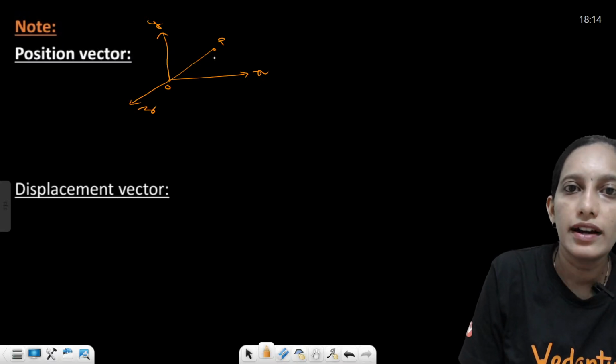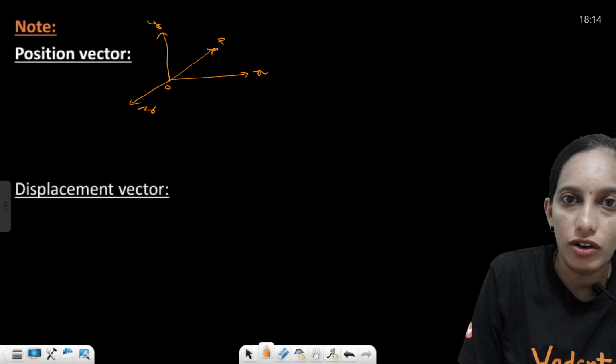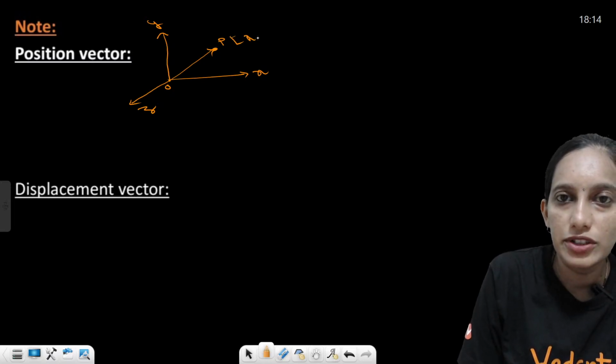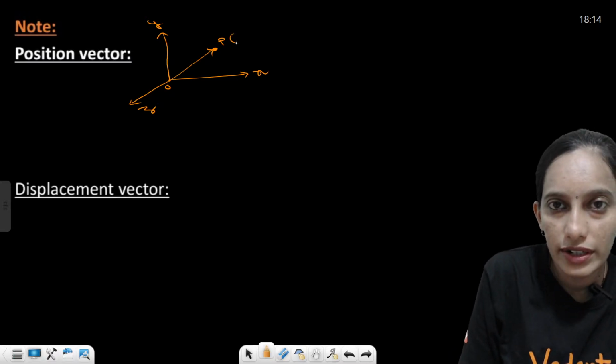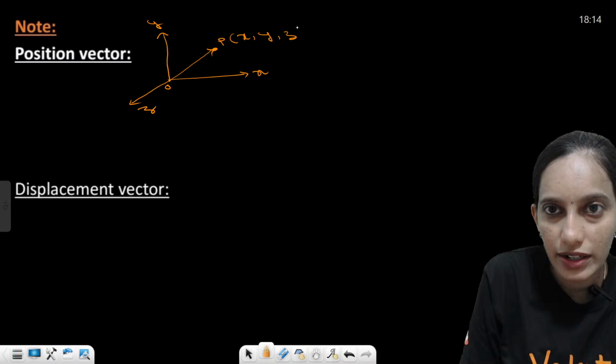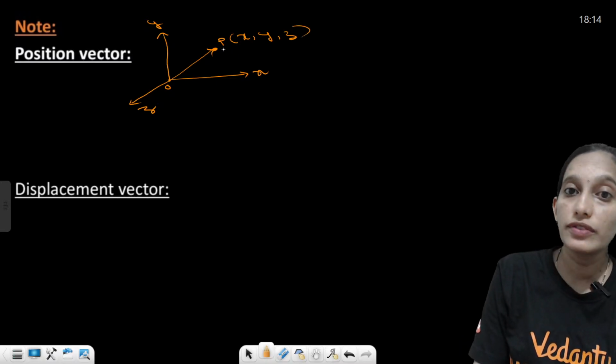Now the position vector of this particle P, let me say its coordinates are x comma y comma z. So how can we write its position vector?